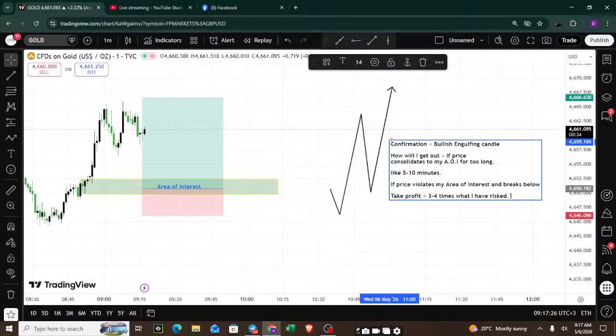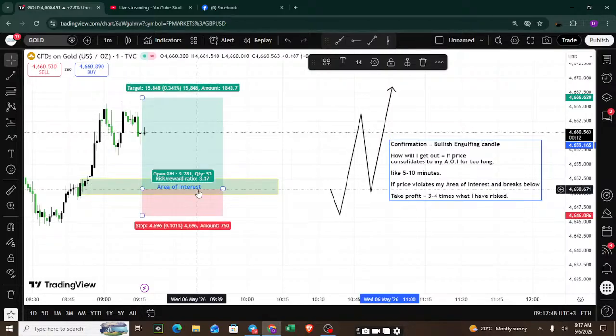So for example today my area of interest is at this level here. If price violates that level, then automatically I will not get in. If price is consolidating around my area of interest for too long, that is 5 to 10 minutes, then I also get out.